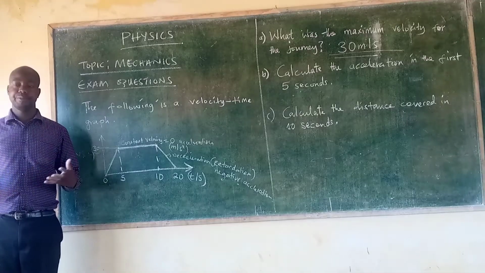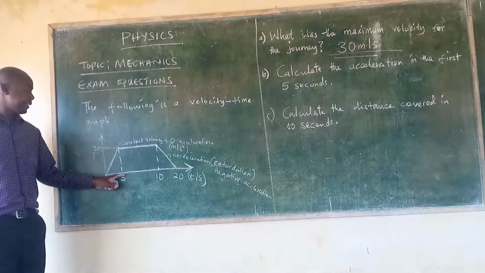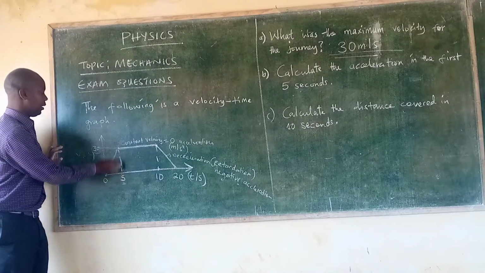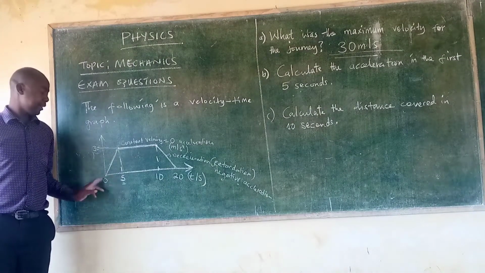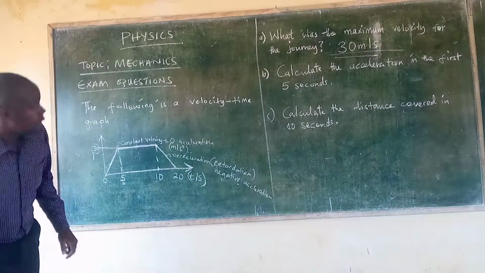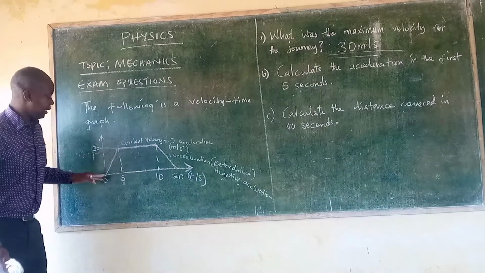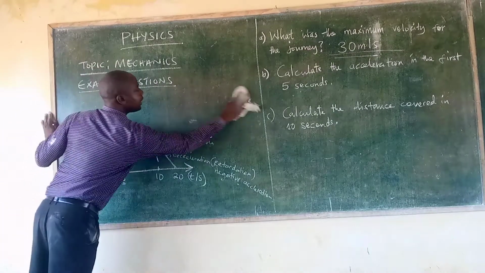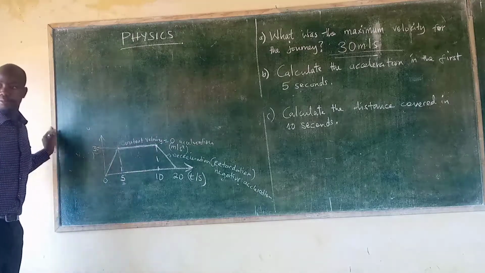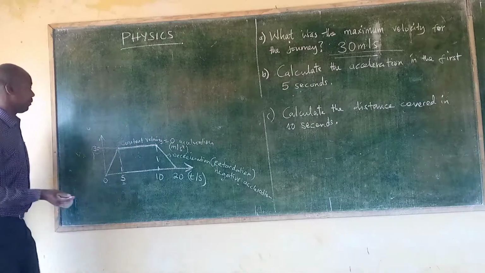Acceleration is the rate of change of velocity. So in the first 5 seconds, this is where the 5 seconds is. How do you calculate this acceleration? We are going to use the formula for acceleration.